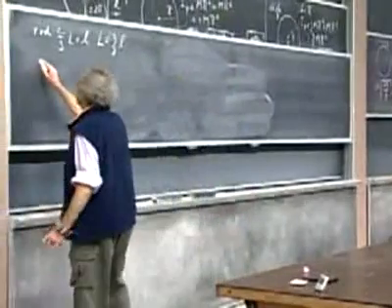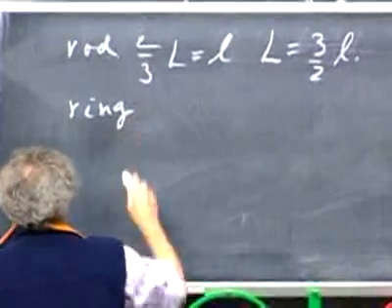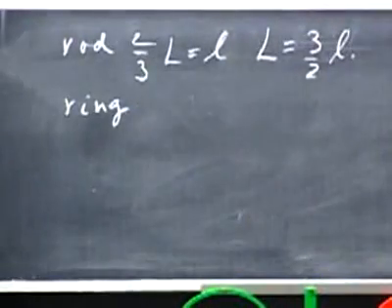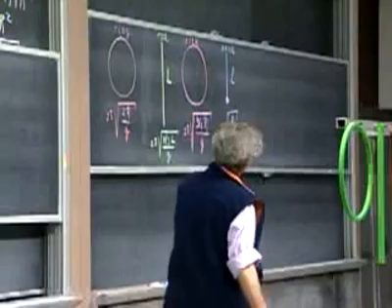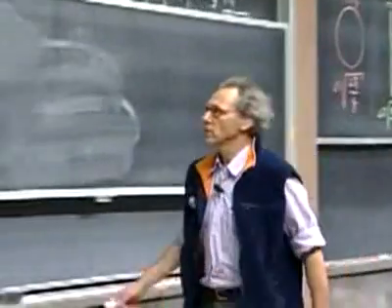Let's now go to the ring. For the ring, to have the same period, 1 second, 2r has to be the same as the length of the pendulum.